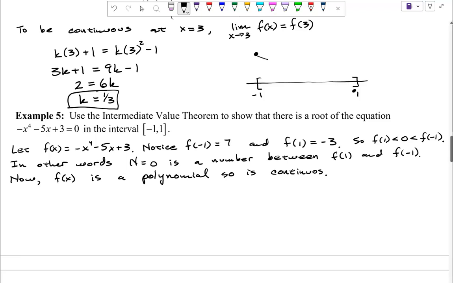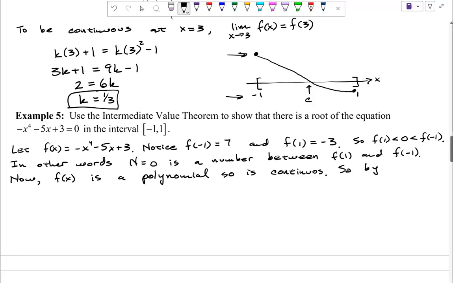So that means it's got to hit every single y value between f of -1 up here and f of 1 down there. In particular, it has to, in this case, cross the x-axis, right? And so this is some number c in the interval -1, 1.